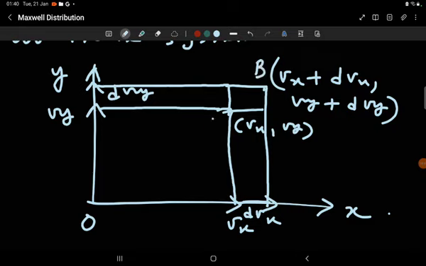A point is the vx comma vy, and b point is vx plus dvx comma vy plus dvy.